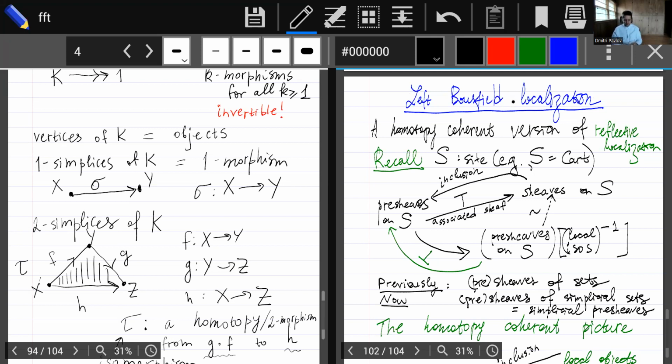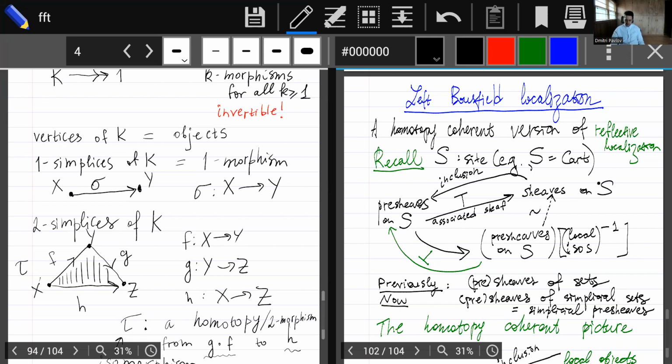So we are finally moving on to describing the model categories that are actually used in the paper. And one of those actually was already described previously. Of course, the transferred model structure on presheaves will be used as one of the steps going toward the final model structure.